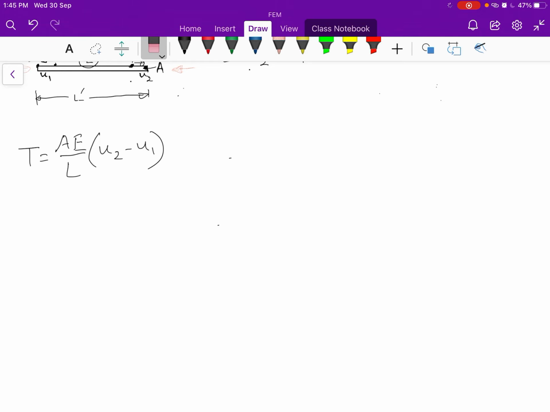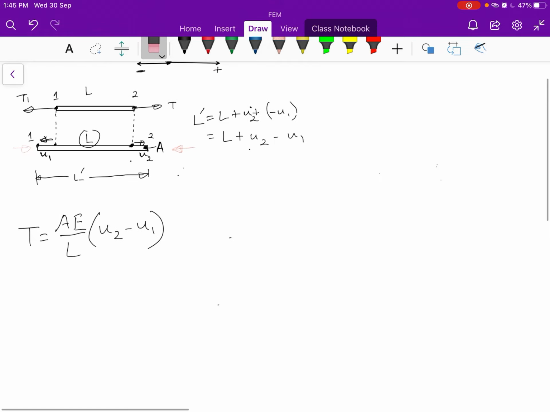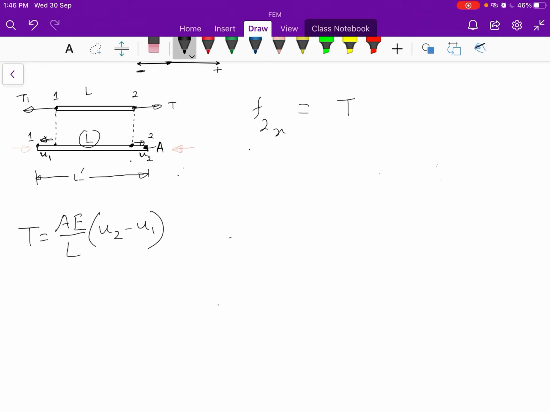Okay, now once we move to the nodal cases, then see, the force which is acting at node 2 along x direction is equal to T, and since it is acting on the right hand side, as per our sign convention, that would be considered positive.